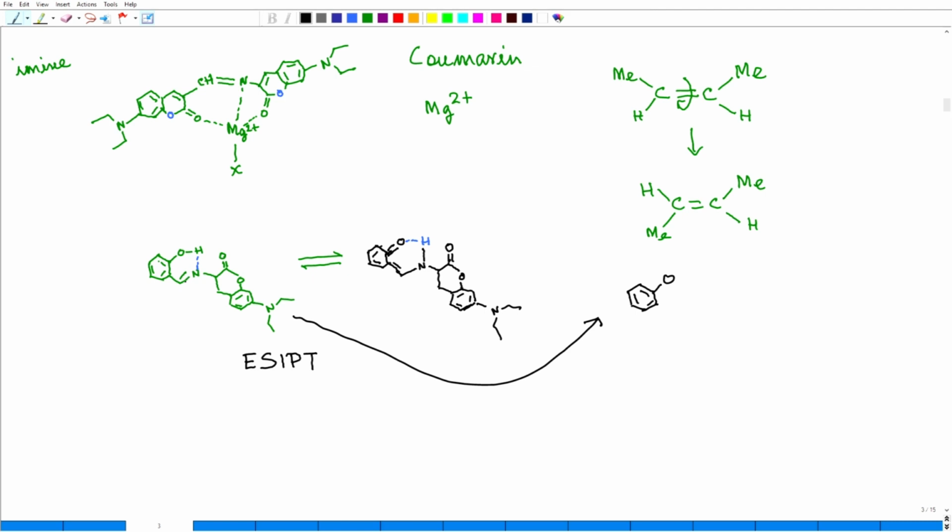I put zinc chloride, in the beginning without excitation. So, this could be one of my chlorines.